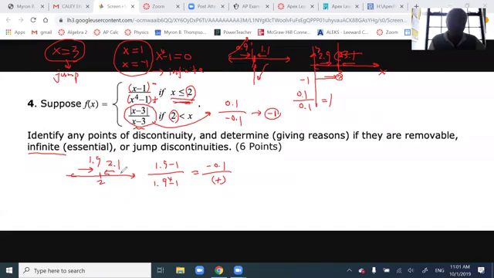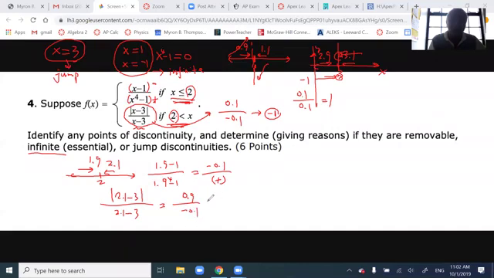But if you approach from the right side, for example 2.1, you have to use the second piece instead of the first one. So you have the absolute value of 2.1 minus 3 over 2.1 minus 3, which is positive, like 0.9, and this one is negative 0.1.